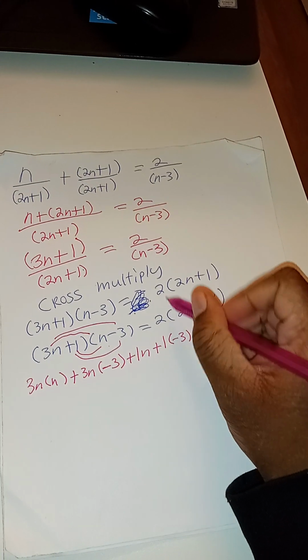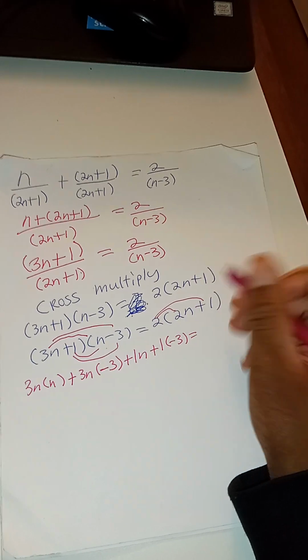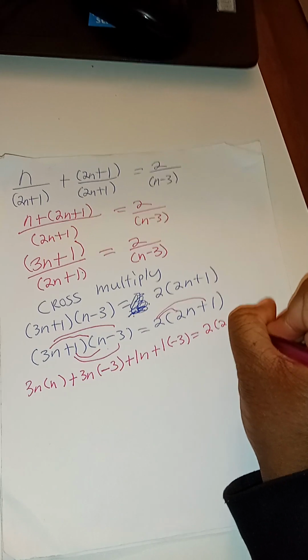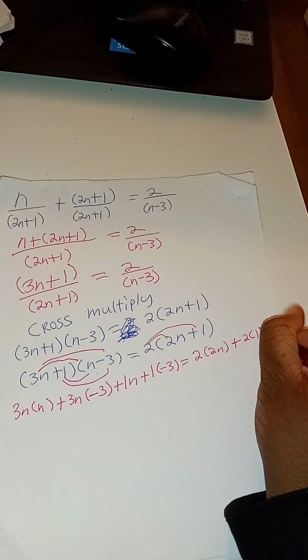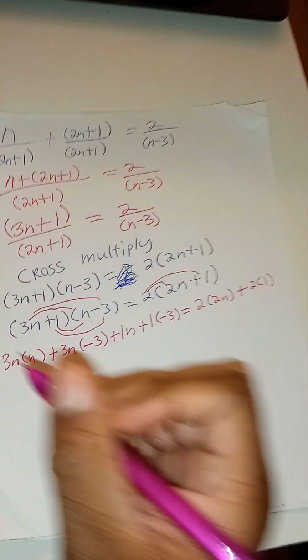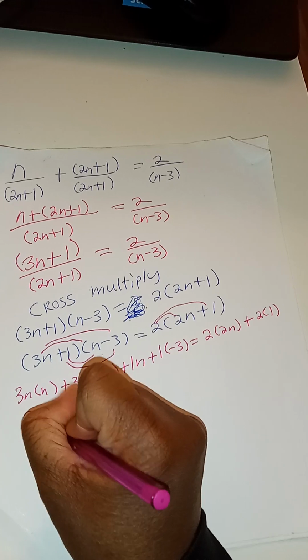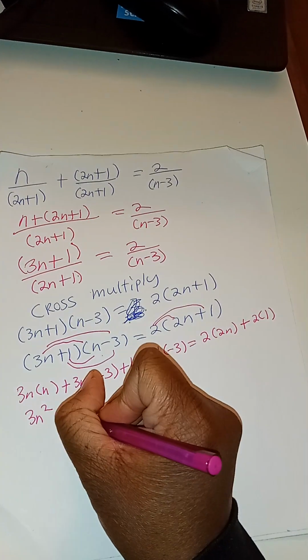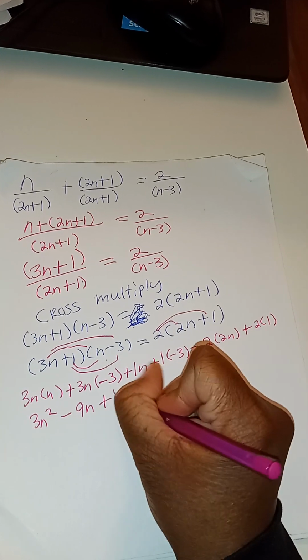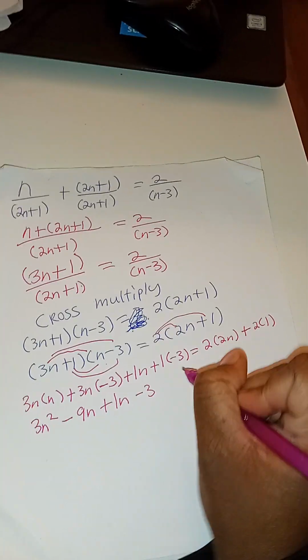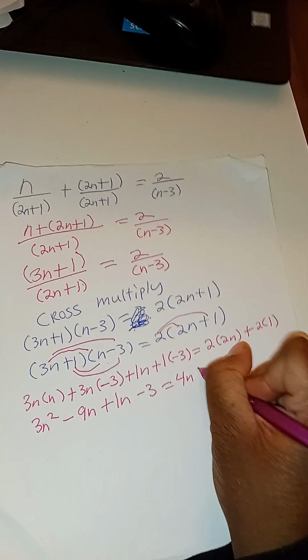And then FOIL on the right-hand side, it's going to be 2 times 2n plus 2 times 1. And that's going to yield 3n squared minus 9n plus 1n minus 3 is equal to 4n plus 2.